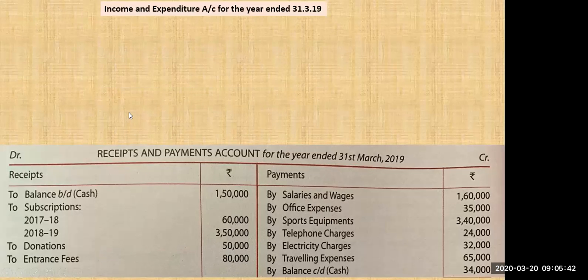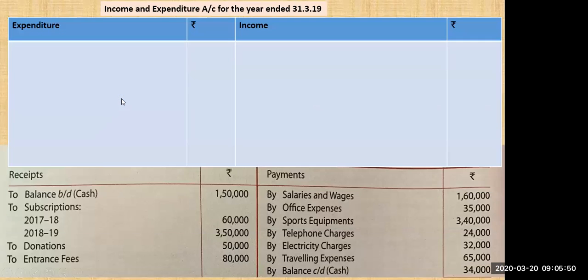This is the format of income and expenditure account. So first is given subscriptions 2017-18 and 18-19. Current year income is 3,50,000. We will go to the adjustment later on, but first we will complete these.